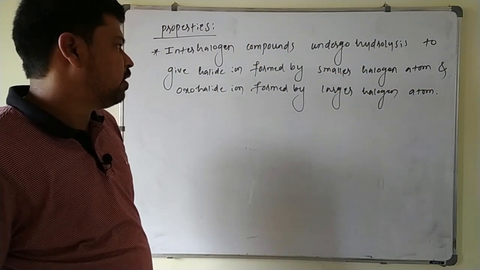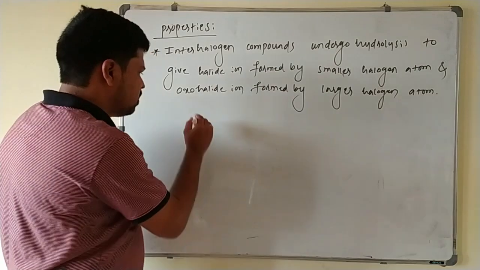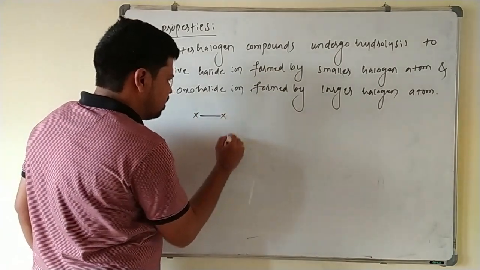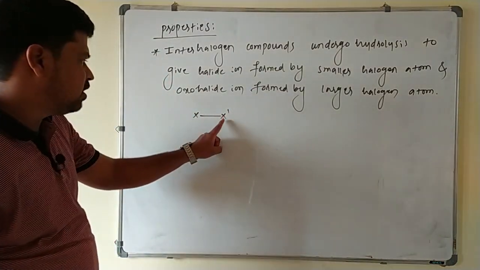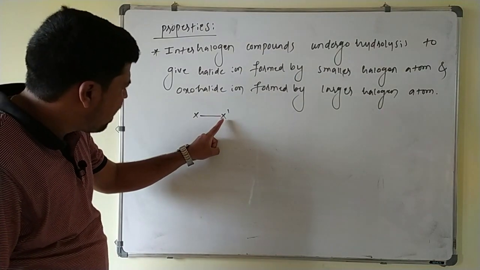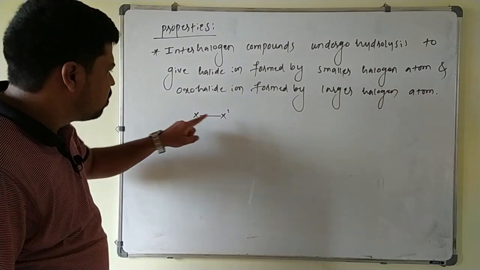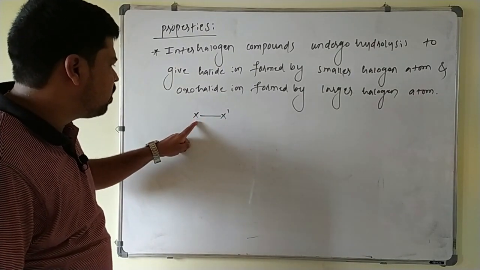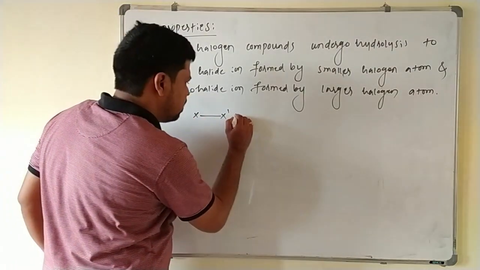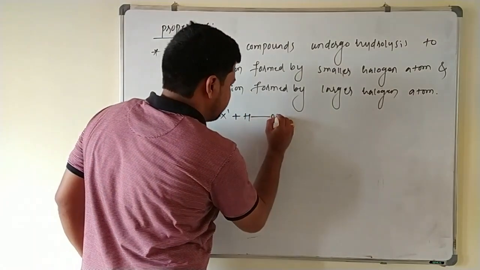Keep in mind, suppose I take one interhalogen compound X-X'. X is the more electronegative, small size halogen atom, and X' is the less electronegative, large size halogen atom. So this will form halide ion and this will form what? Oxohalide ion.